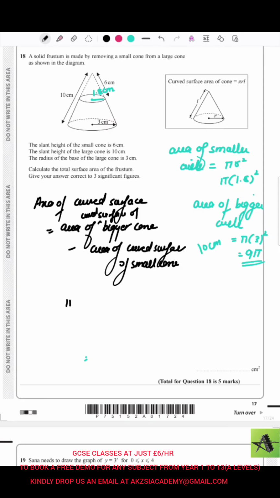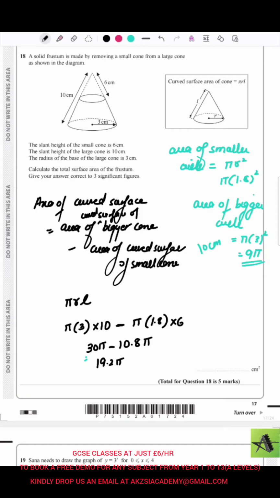So for the bigger one, the radius is 3 and the slant length L is already given as 10, minus pi times the radius 1.8 that we have calculated, and the length is 6 centimeters, which is given here. That will give us the curved surface area of the frustum. So this is 30 pi minus 10.8 pi, and this will give you 19.2 pi.